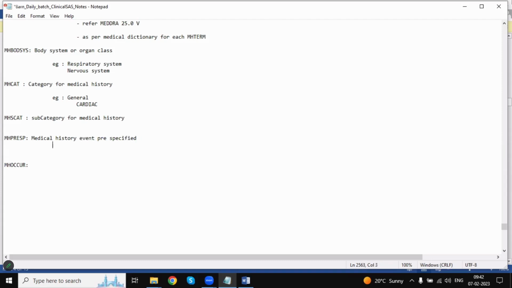Pre-specified is nothing but expected, expectedness. For a particular medical problem, is it expected before or not? If it is expected, yes, or else no. We have to capture yes or no. Occurrence means whether the particular event occurred or not. Medical history occurrence, again, if it occurred or not, yes or no.